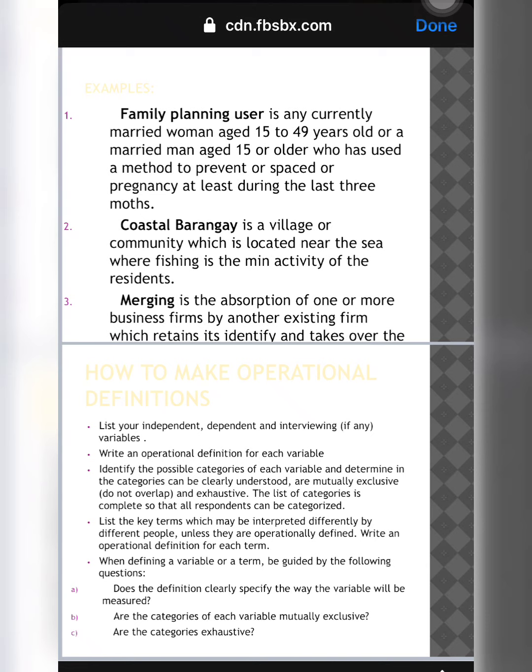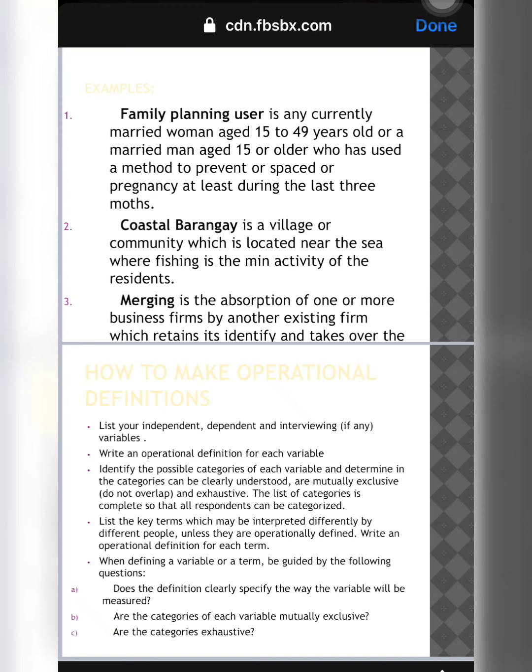The third, identify the possible categories of each variable and determine if the categories can be clearly understood, are mutually exclusive, do not overlap, and are exhaustive. So, the list of categories must be complete so that all respondents can be categorized.